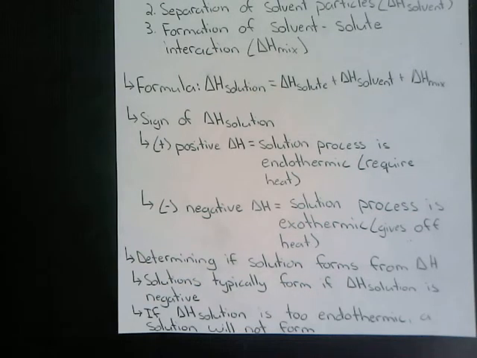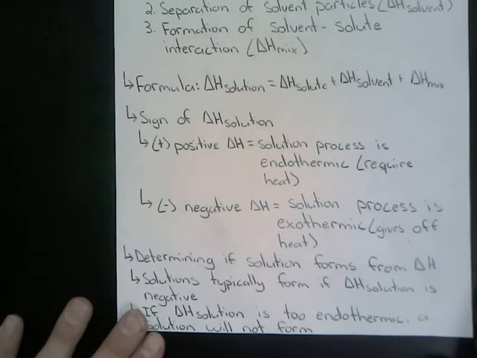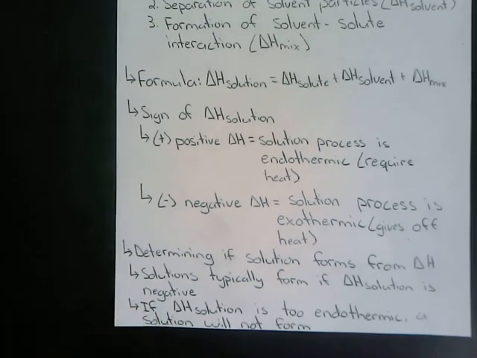So again, there's a fine line here of, hey, this solution requires too much heat, and because of that, it's not going to form. Again, these are general statements here, and I know we haven't gone over a whole lot of thermochemistry, but that gets you a broad overview of that heat requirement, or the energy, if you want to think of heat as energy, because it is. What is the energy requirement to produce a solution?